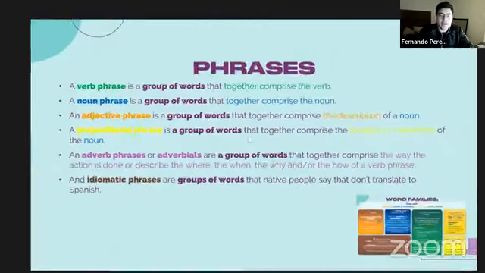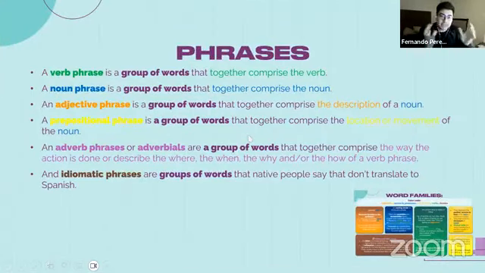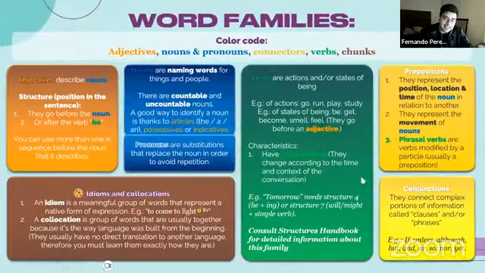I'm going to give you a big picture of this information. So when we progress during the process of the next classes, you are going to understand this better. But first, I want you to know how the word families are technically word families for words.